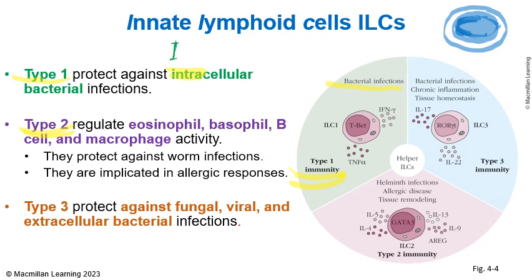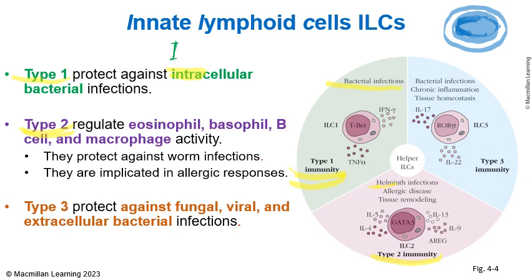So these type 2 cells are going to be very important at establishing a type of immune reaction that is specific against worms, against helminth infections.